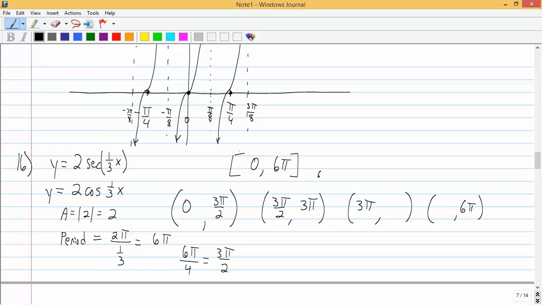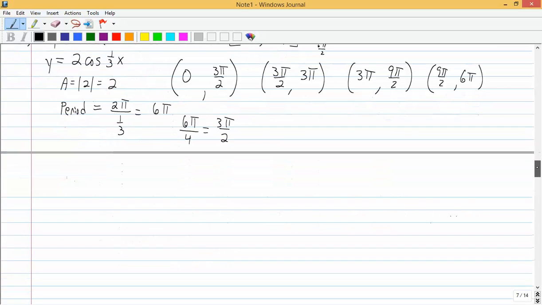Remember, that was 6 pi over 2. That might help you because you have to add 3 pi over 2 again. That would be 9 pi over 2. Add 3 pi over 2 again, and you get 6 pi. You get 12 pi over 2, which is 6 pi.